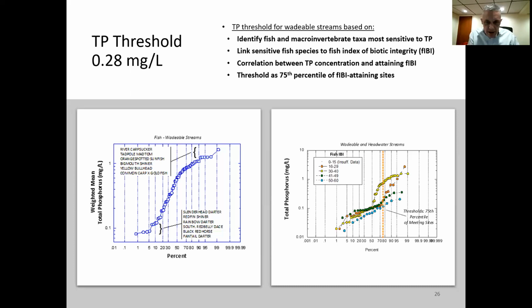Fortunately, parallel to these efforts, we were working on developing thresholds for aquatic life in our rivers from various pollutants. These graphics come out of our integrated prioritization system, which we've had presentations on in the past.